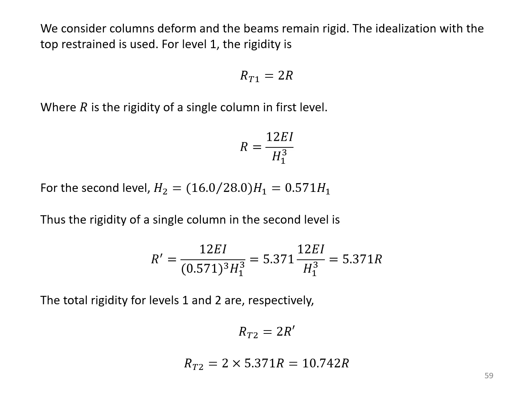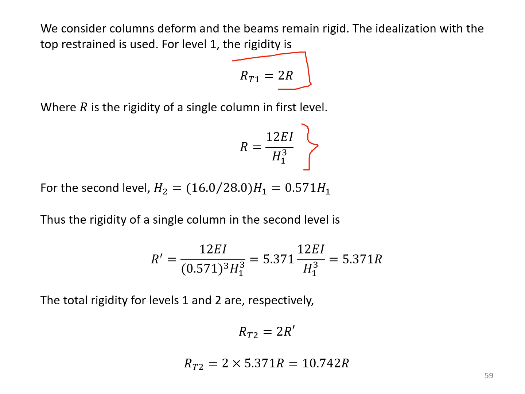If the rigidity of one column in the first level is R, then we get 2 R's for the first level. And considering the top is restrained, that would be the situation here, right? And considering that the beams are much more rigid, we can use that idealization that R is 12 EI over H1, the height of the first level. So we call that one R.